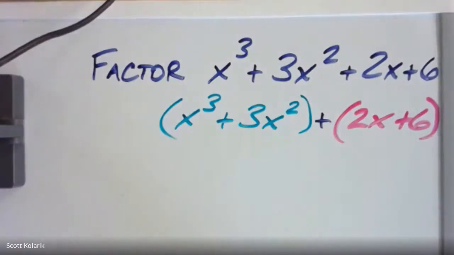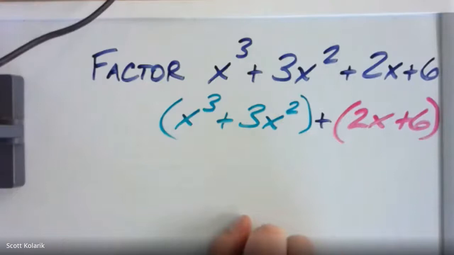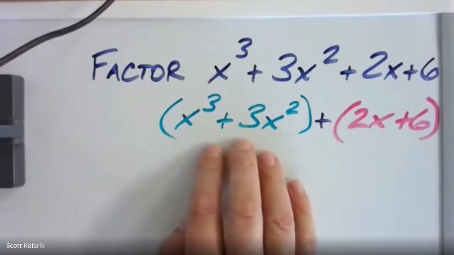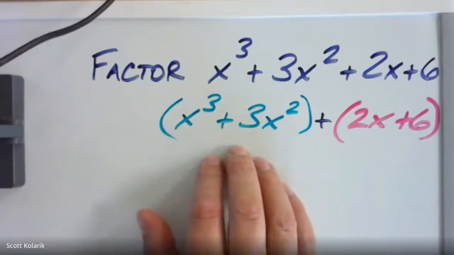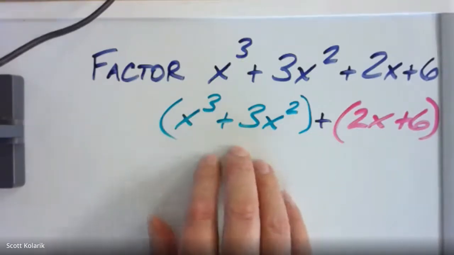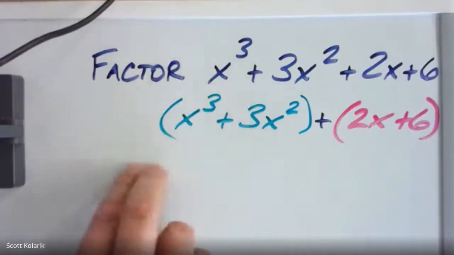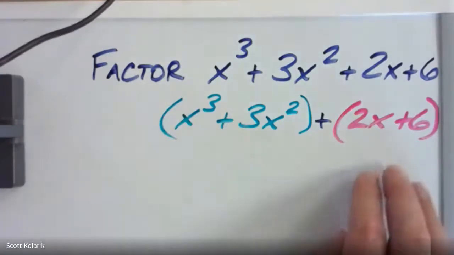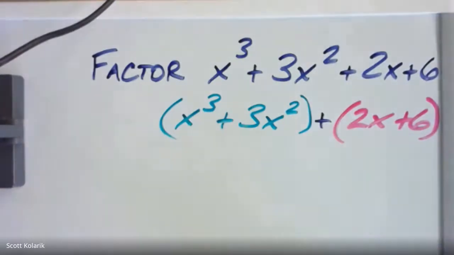My goal is, once I pull out these common factors, I'm going to be left over with stuff inside the parentheses. What I want is for whatever's left over in this blue group to match whatever's left over in this pink group once I've pulled out those common factors.